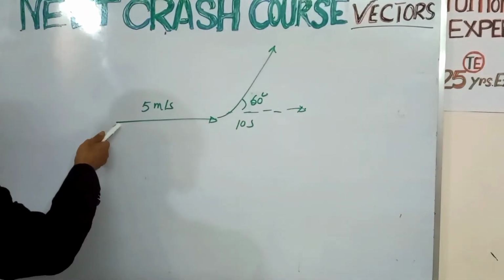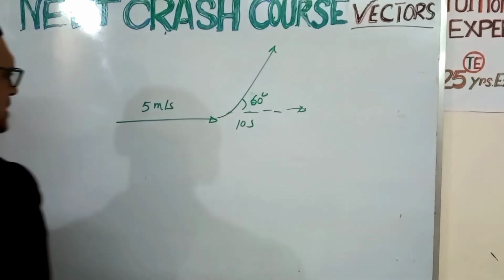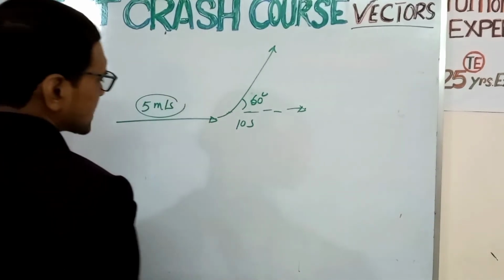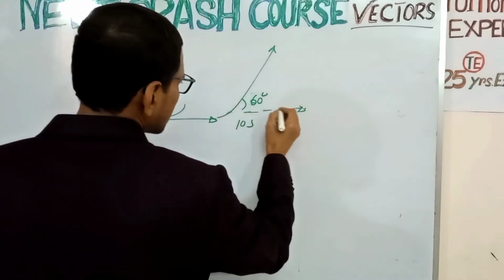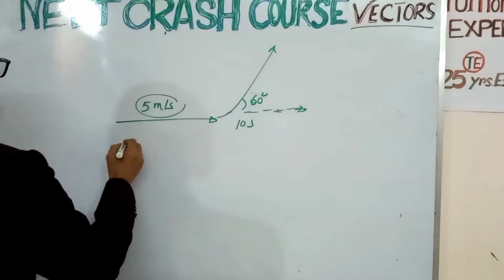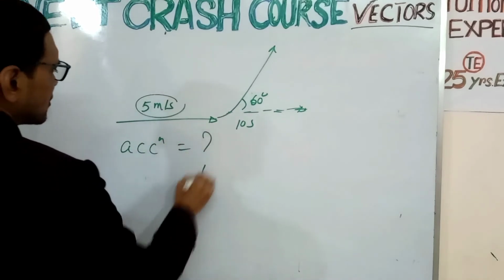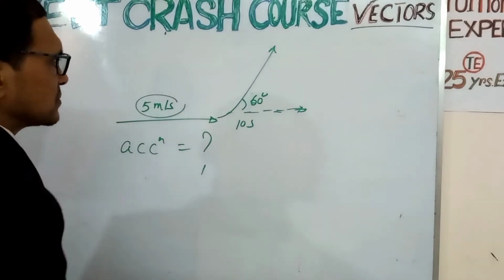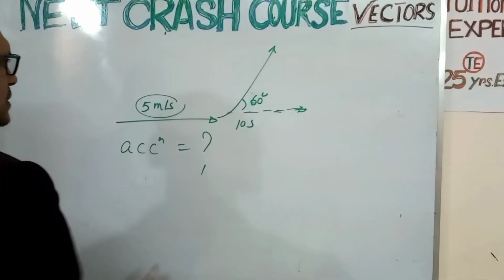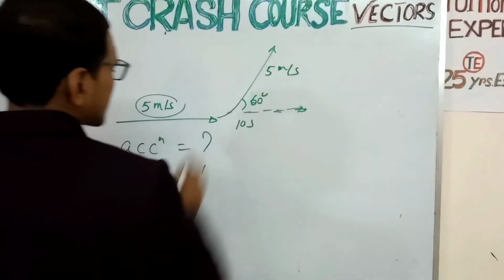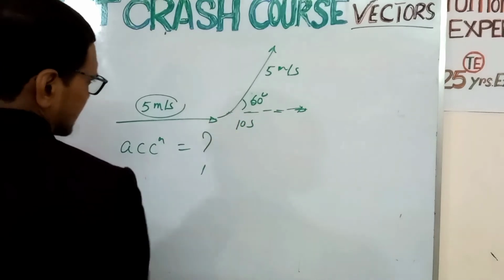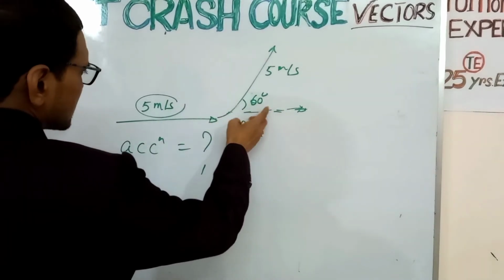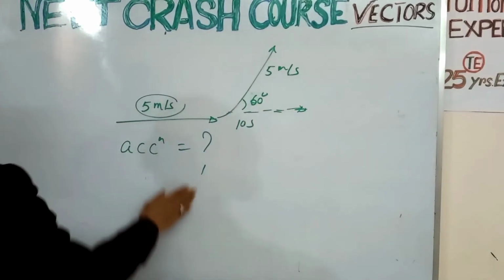Suppose a particle moves along the east direction with this velocity, and in 10 seconds it makes 60 degree with the initial velocity. Here the velocity remains the same, 5 meter per second, it does not change, but it turns 60 degree in 10 seconds. What is the acceleration of the particle?